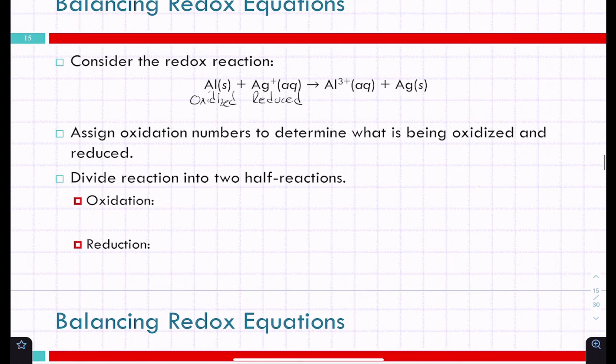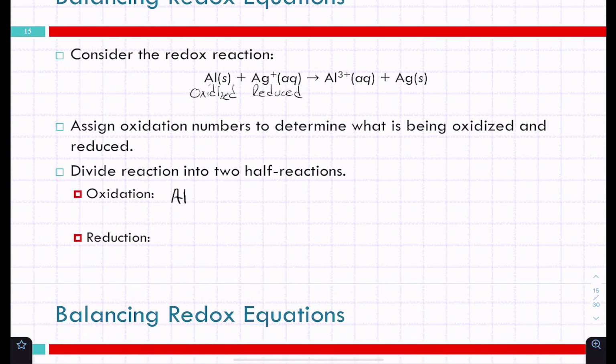When we split these into half reactions, we'll start by taking the aluminum, and its half reaction is going to be aluminum turning into aluminum 3+. And then for silver, it's just the Ag+, which is aqueous, to Ag solid. So those are our two half reactions.